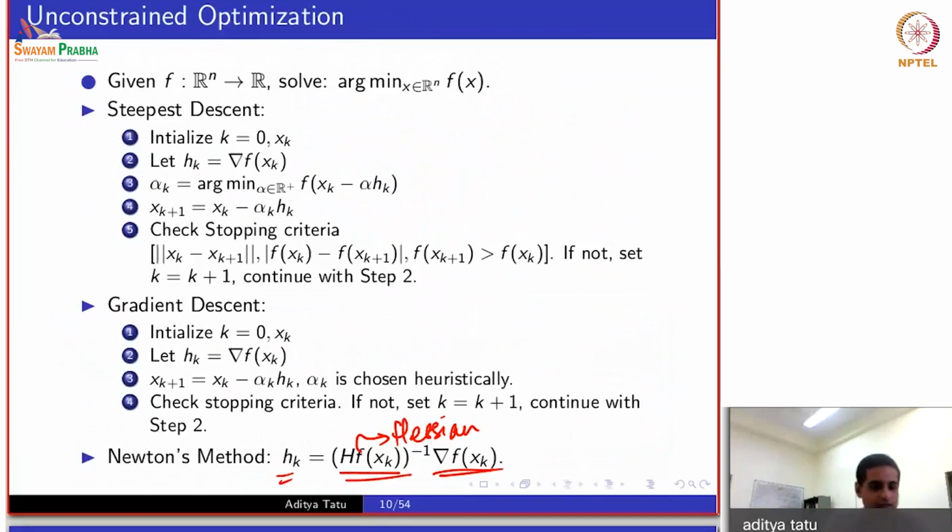Typically, some approaches take alpha k to be half of the norm of hk, something like that. So hk is a vector, right? It has both direction and magnitude.